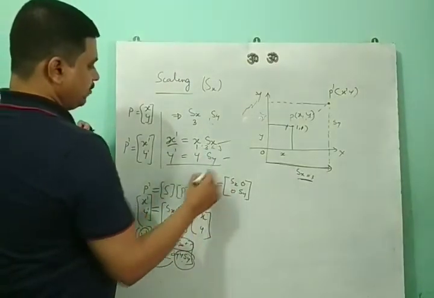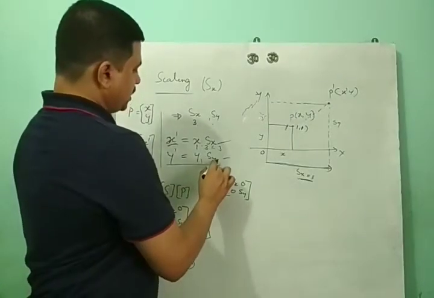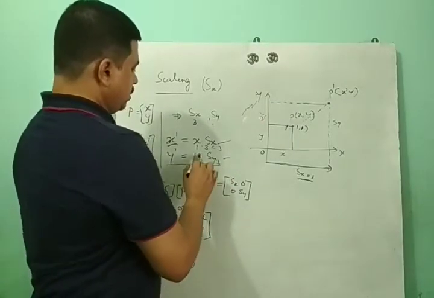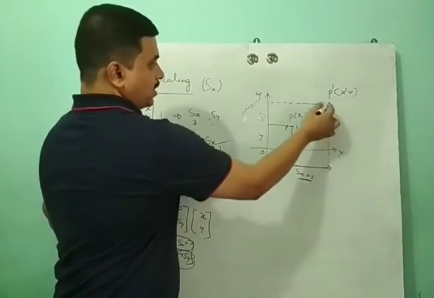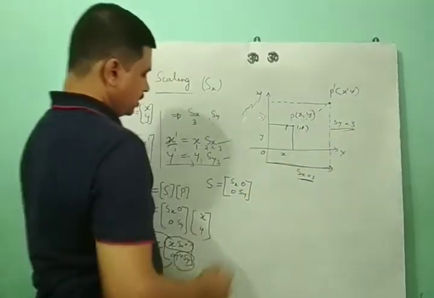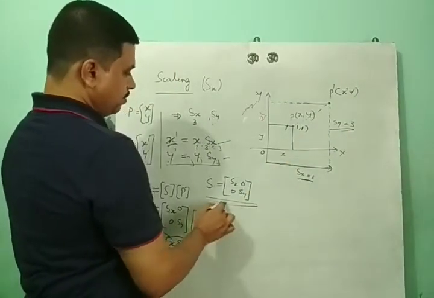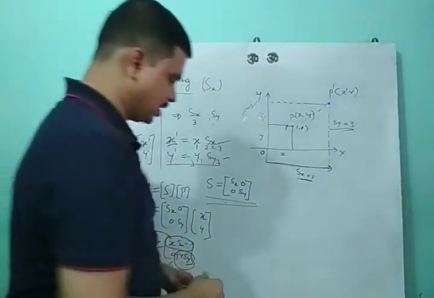Then in the y direction the y value is 1, and Sy is again 3. 1 into 3 is again 3. y dash is also 3, which is nothing but Sy. So this is the scaling matrix. That is the easiest among the other two, that is translation and rotation.